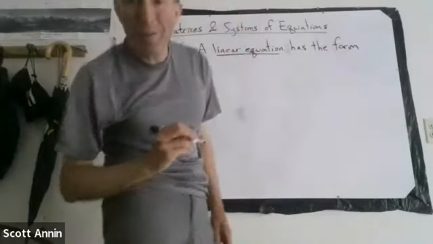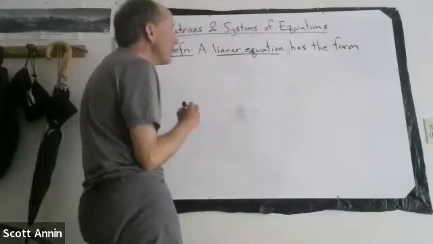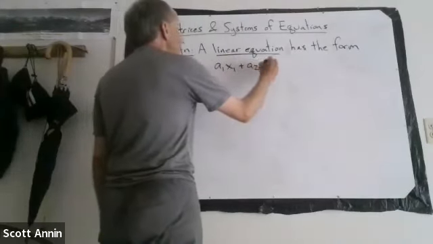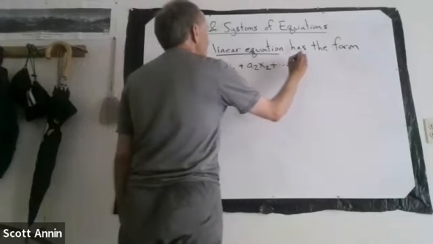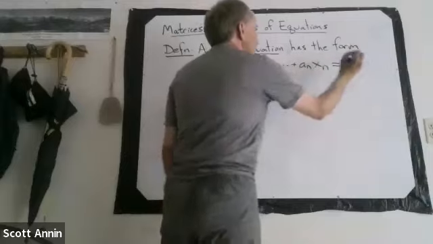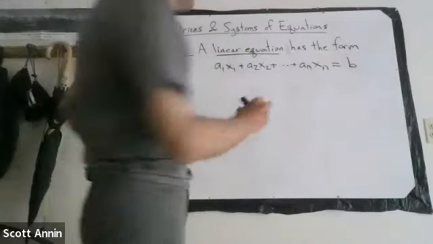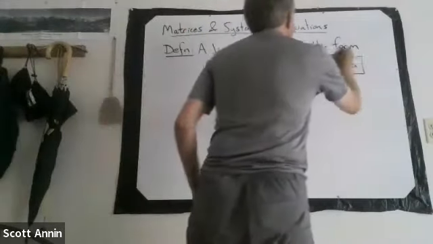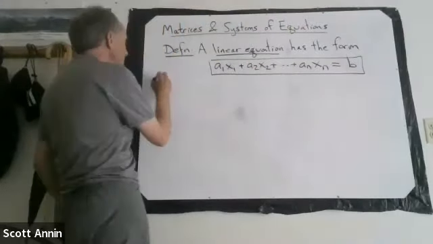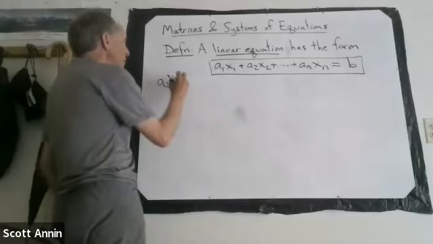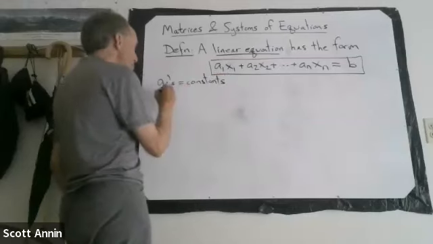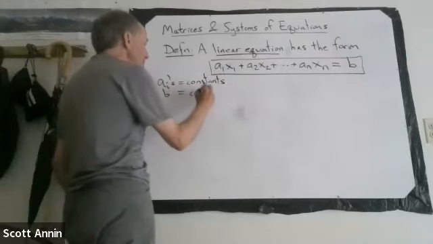Let's write down the form of a linear equation. It's going to look something like the following. a1 x1 plus a2 x2 plus ... plus an xn equals b. Something like that. And in this notation, I want you to recognize that the a sub i's are constants. b is also a constant.